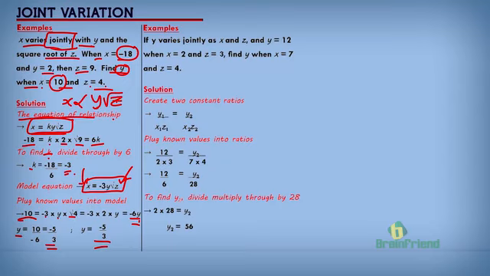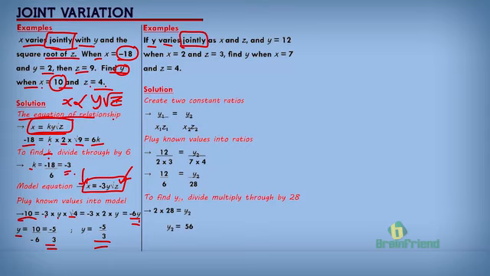In this instance, we'll be making use of the second formula, which we've learned over and over again. We simply create two ratios, of course, and equate them to each other, since they are constant ratios. So if y varies jointly, take note again, you need to find out what relationship exists in the question.